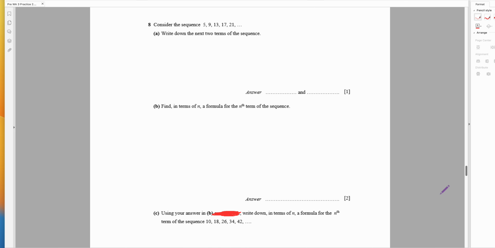In terms of n, write down a formula for the nth term of the sequence. 5 minus n minus 1.